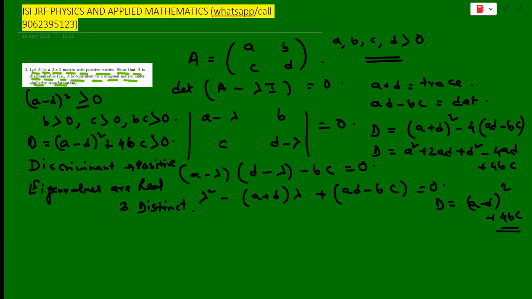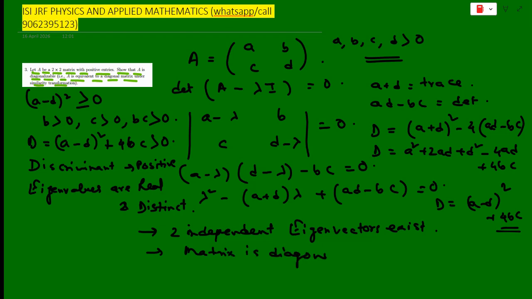So two independent eigenvectors exist, and the matrix is diagonalizable. Therefore any 2 cross 2 matrix with positive entries is diagonalizable.